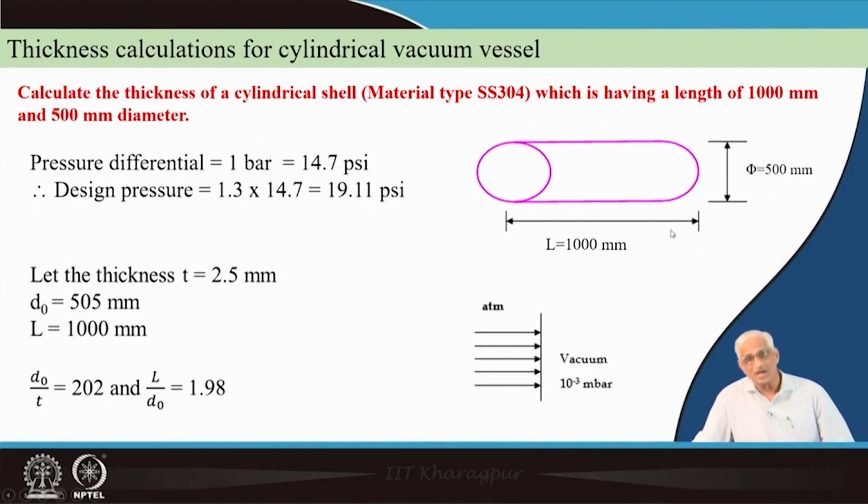And if you take a particular element of this surface, one side atmosphere, other side vacuum. It may be 10 power minus 3 millibar or minus 10 millibar. And force is going to be constant once you cross 1 millibar, because pressure difference is responsible for force.